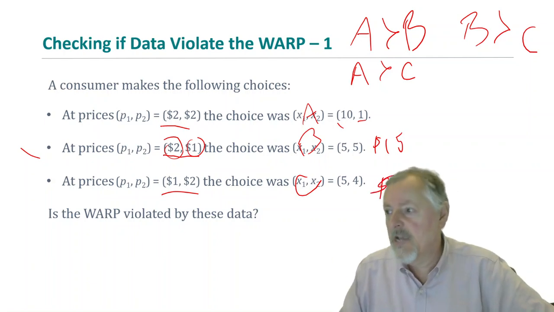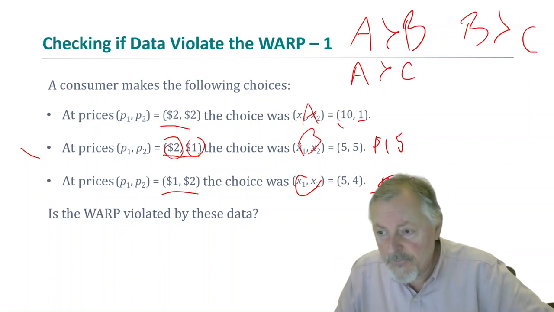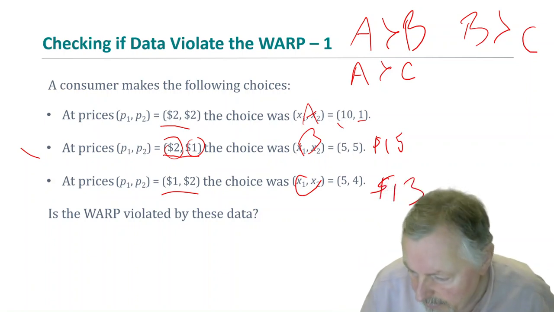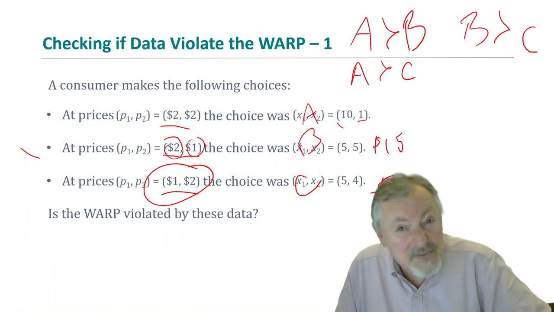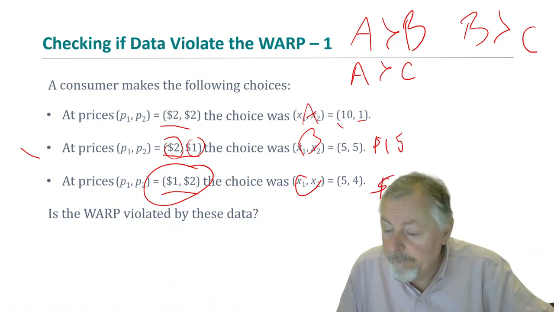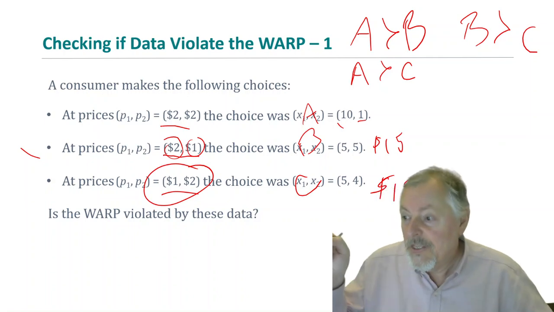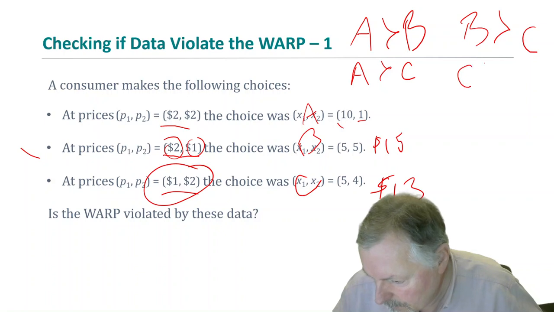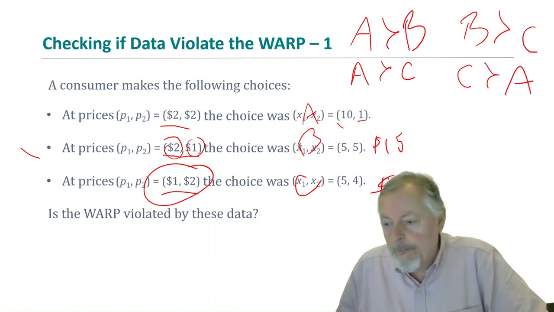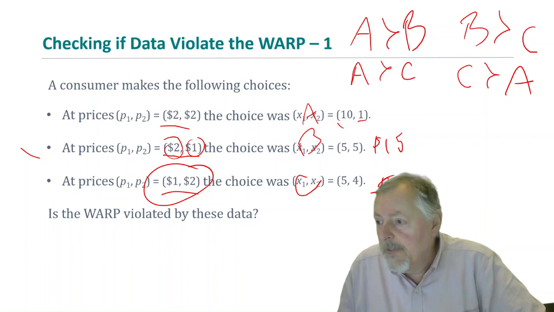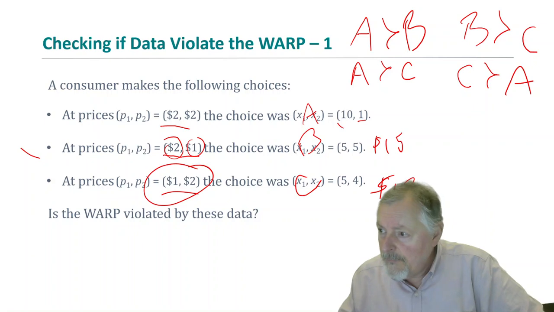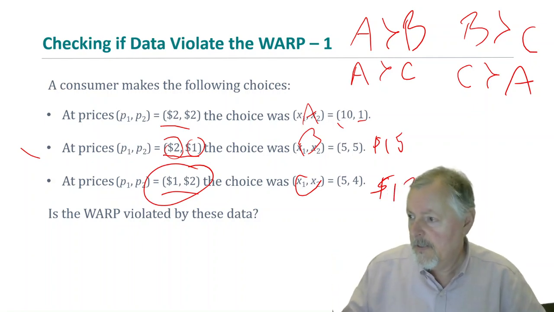10 of the first, 1 of the second. At the third choice prices, that would have cost you $12. At these prices, bundle A was affordable, and you didn't pick it. Therefore, you have directly revealed you like C better than A. Well, what about choice B? Was that affordable? At the third set of prices, it would have been 5 for the first thing and 10.